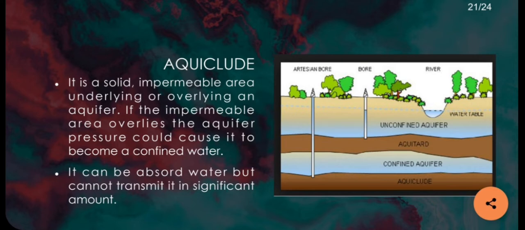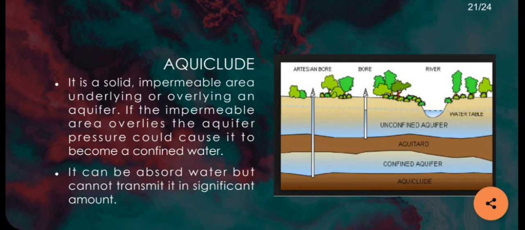The second category of the saturated zone is the aquiclude. It is a solid impermeable area underlying or overlying an aquifer. This impermeable area overlies the aquifer. Aquifer pressure could cause it to become a confined water.